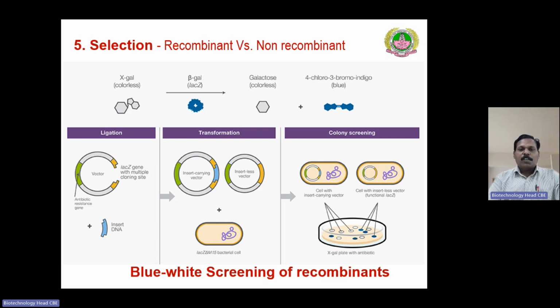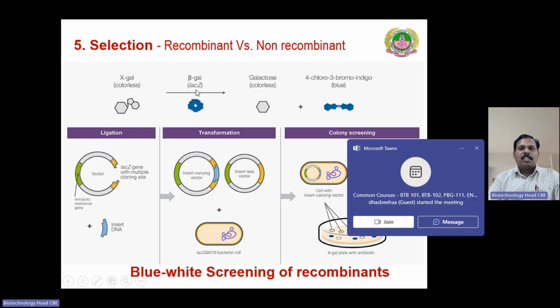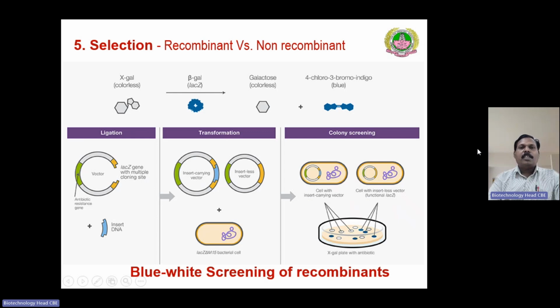So those cells which express the lac-Z gene complement will produce the enzyme and allow the degradation of the colorless substrate into a colored product, so that you can see blue colonies here.